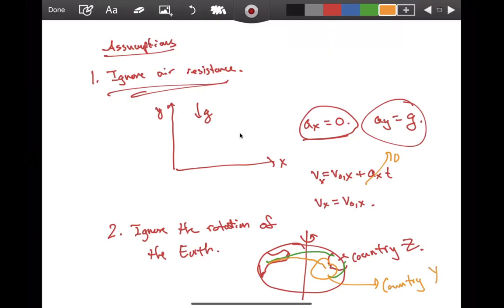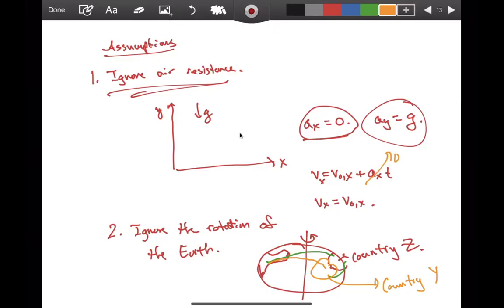So basically, this is what's known as the Coriolis effect. The Earth rotating actually causes a force on this guy, which causes the trajectory to miss the target it's trying to hit. So we're going to ignore that, which basically means that we're not going to fire from our country to some other country, but we're going to shoot over short distances so that the Earth really hasn't rotated the target out of the way.